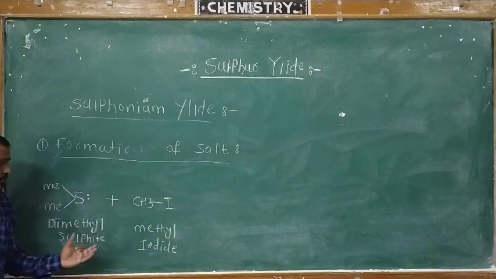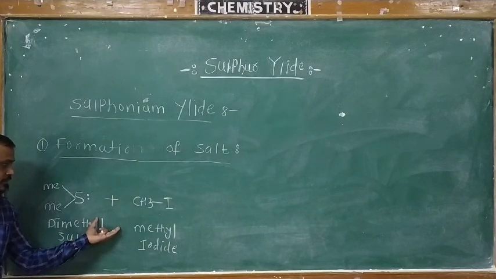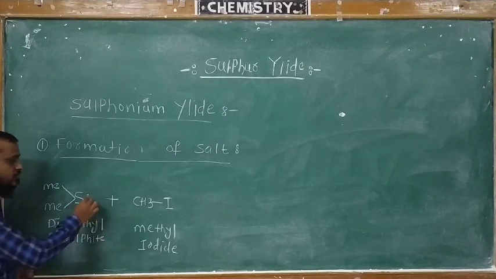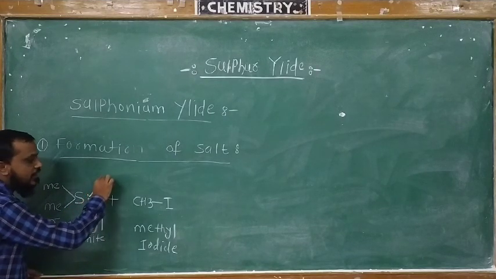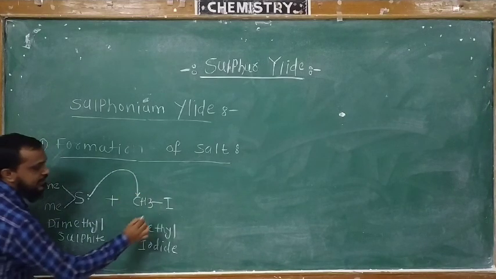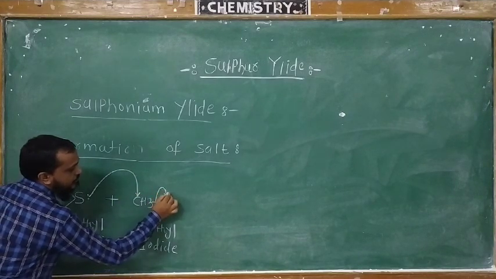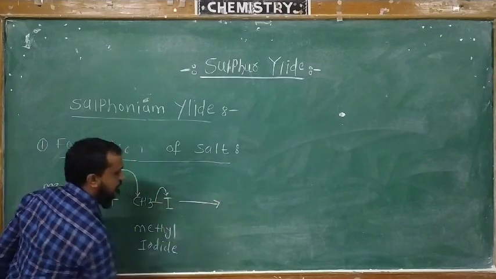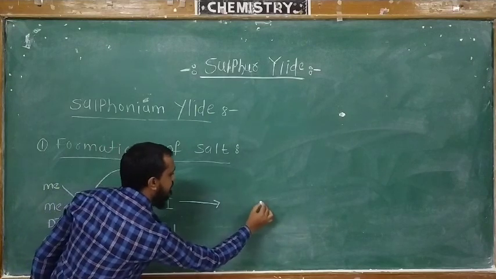Okay, so what will happen here? We know that sulfur has a lone pair. It acts as a nucleophile and it attacks the carbon of methyl iodide. Simultaneously, iodide will be removed and we will get this type of intermediate.